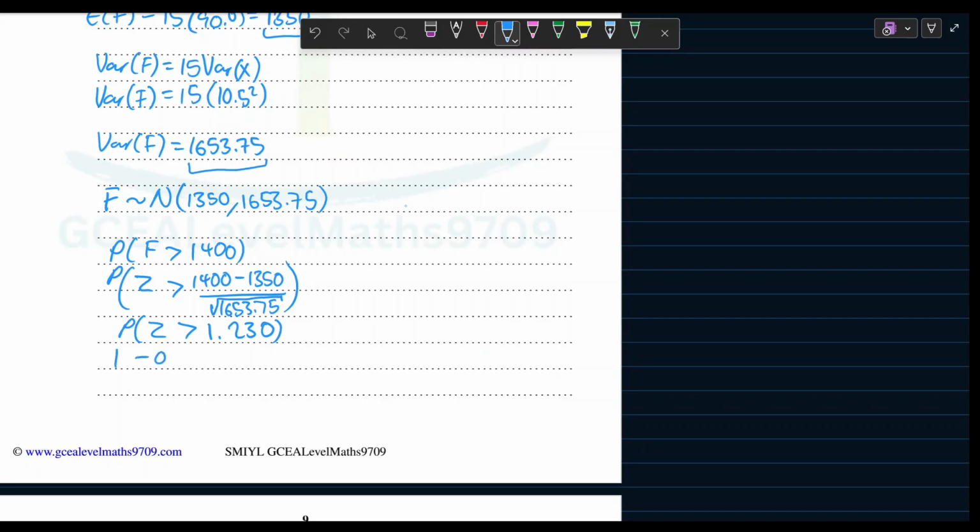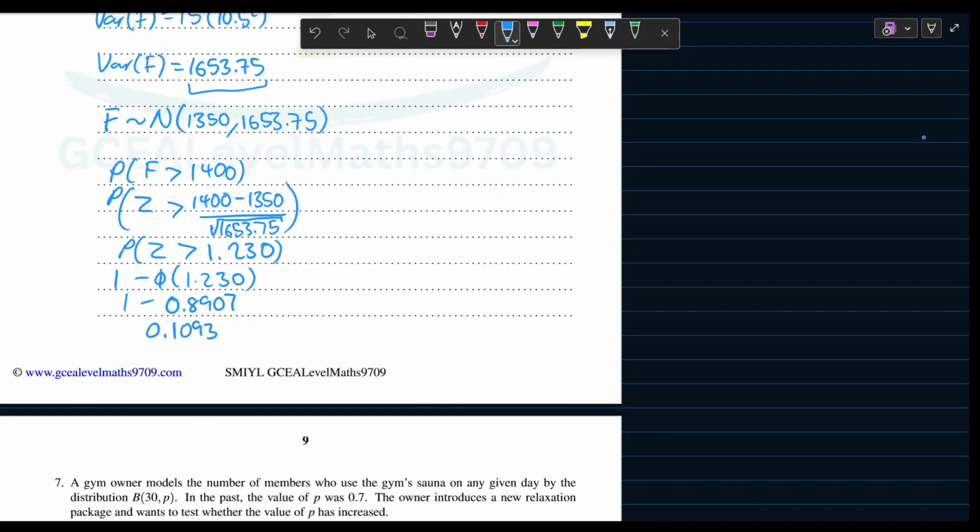So this is 1 minus phi of 1.230. So let's read off the value of phi of 1.230 from our normal distribution tables. So that's 0.8907. So 1 minus 0.8907 gives us 0.1093.